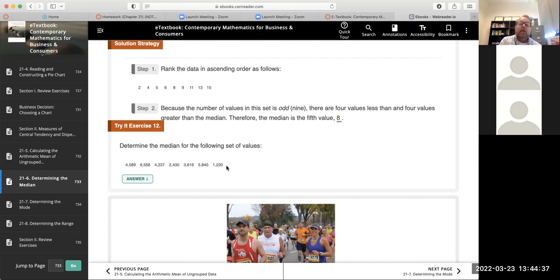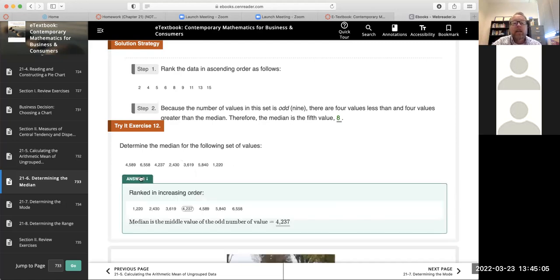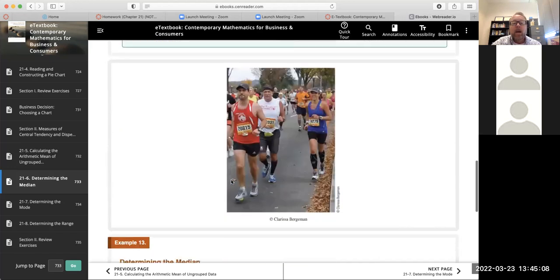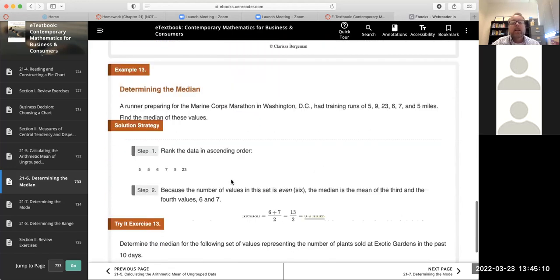If I was to put them in ascending order, I would start with 19 as the first one, then 24, then 30, then 36, then 37, then 42, then 58, and then 59, and then 65. It's pretty easy to figure out. However, when you have an even number, it becomes a little bit different.